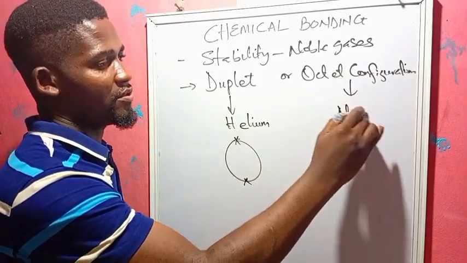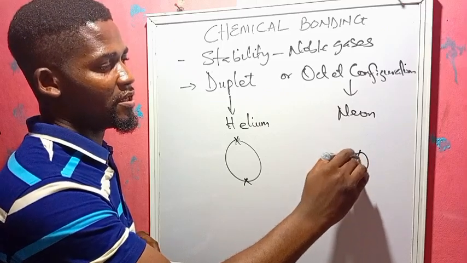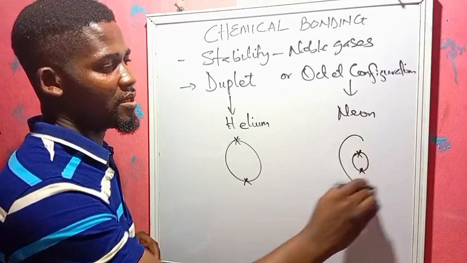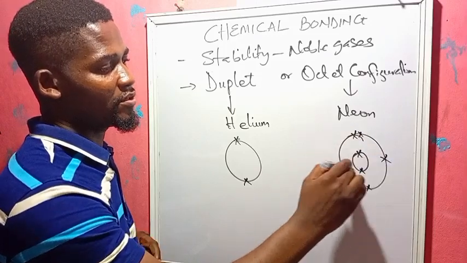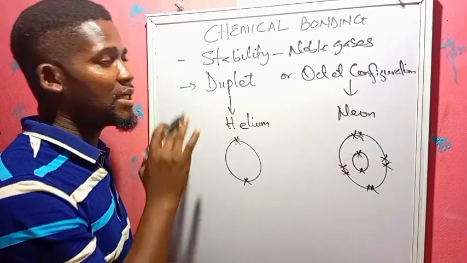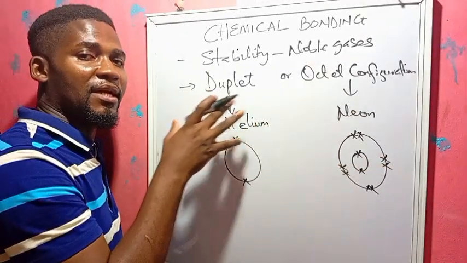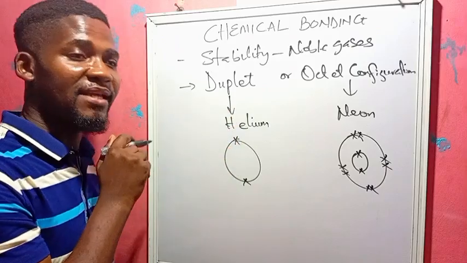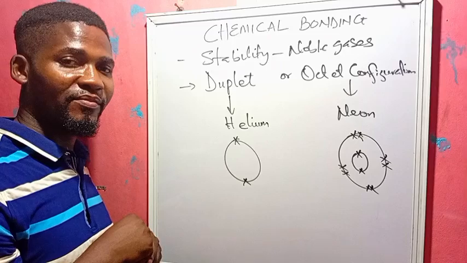Octet configuration. Example, neon. Neon has an inner shell having two electrons and an outer shell having what? 8 electrons. It's already stable. Now, all other elements try to be like the rare gases or noble gases by either accepting or losing electrons.